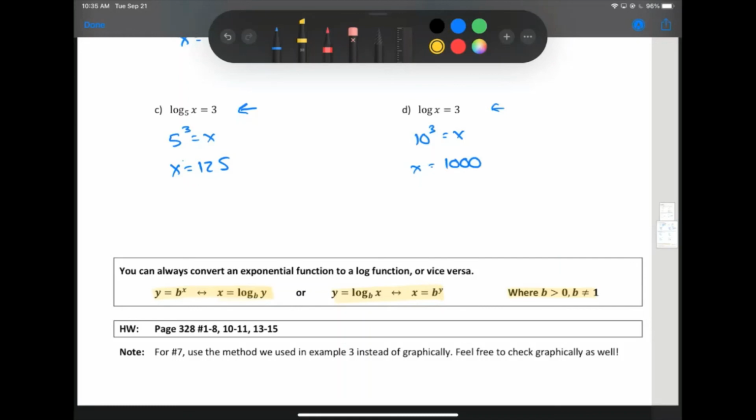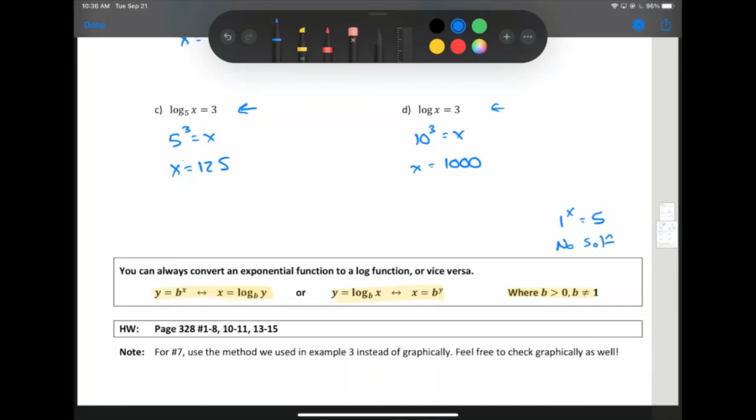Okay, actually, let me deal with the second one first because I think it's more obvious. Why does it not work when B is 1? Well, if I do have B equals 1, that means I'm rearranging to get something that looks like this. 1 to the x equals, let's say, 5. That one I can't solve for x because 1 to any exponent is 1, so there is no solution.